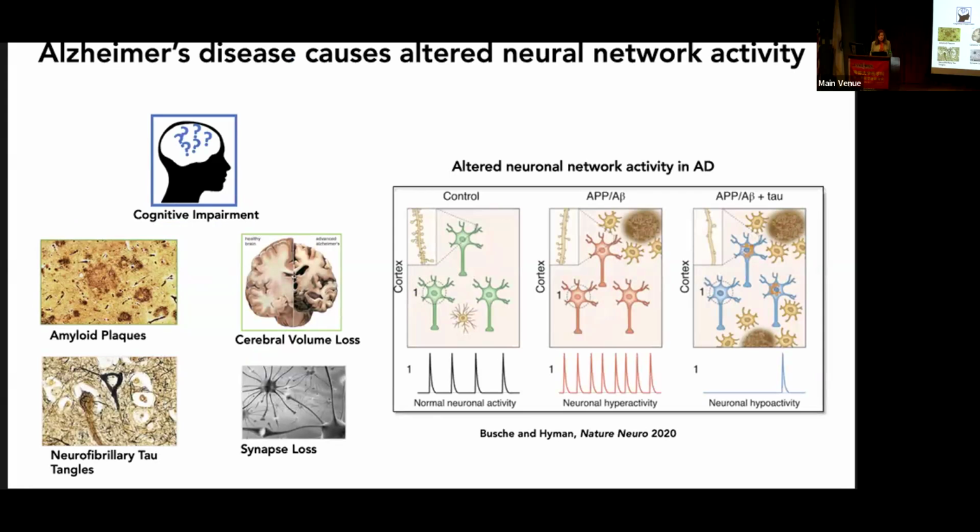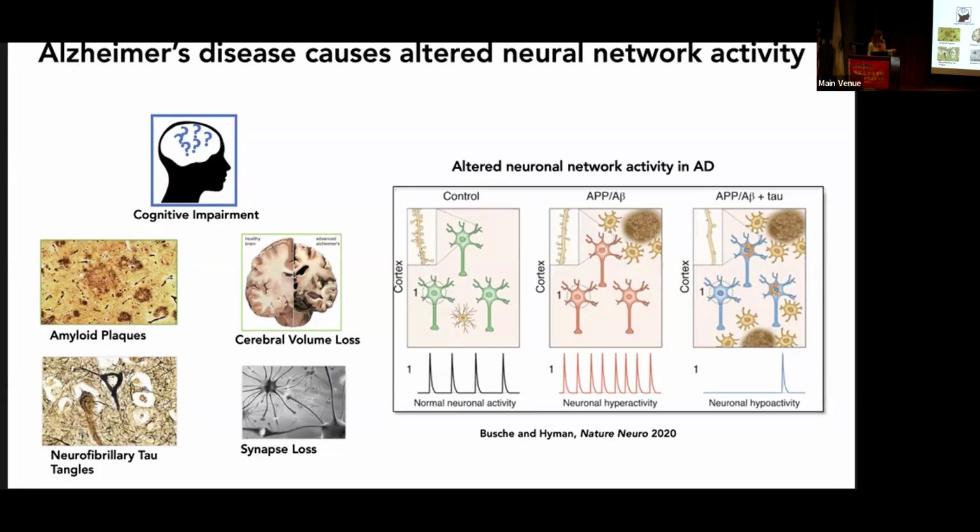The disease has characteristic pathological features, including extracellular amyloid plaques and intracellular tau tangle pathology. But it is also known to cause brain volume loss, synaptic loss, neural inflammation, and so on.